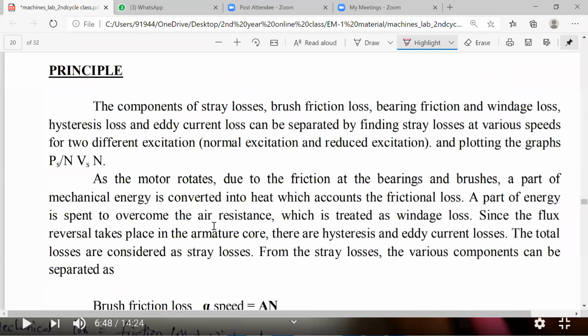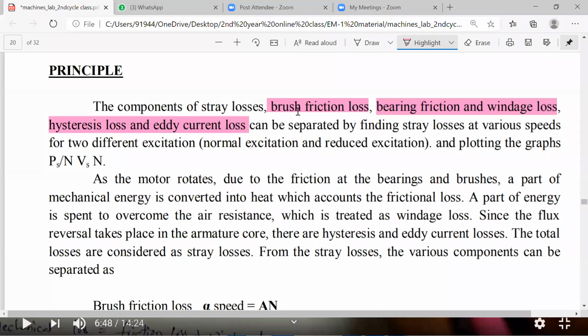First of all, what are the components of the stray losses? We have four components: brush friction loss, bearing friction and windage losses, which are mechanical losses, and hysteresis and eddy current losses, which are core or iron losses.